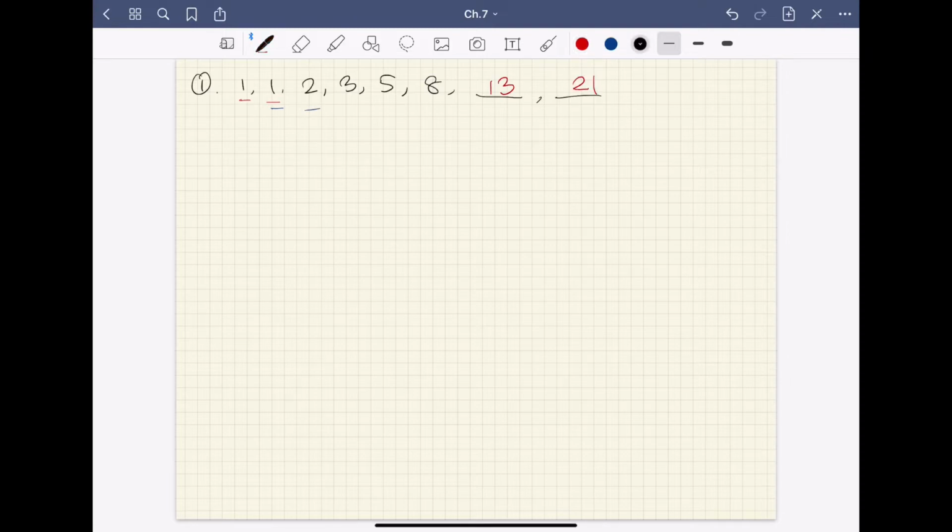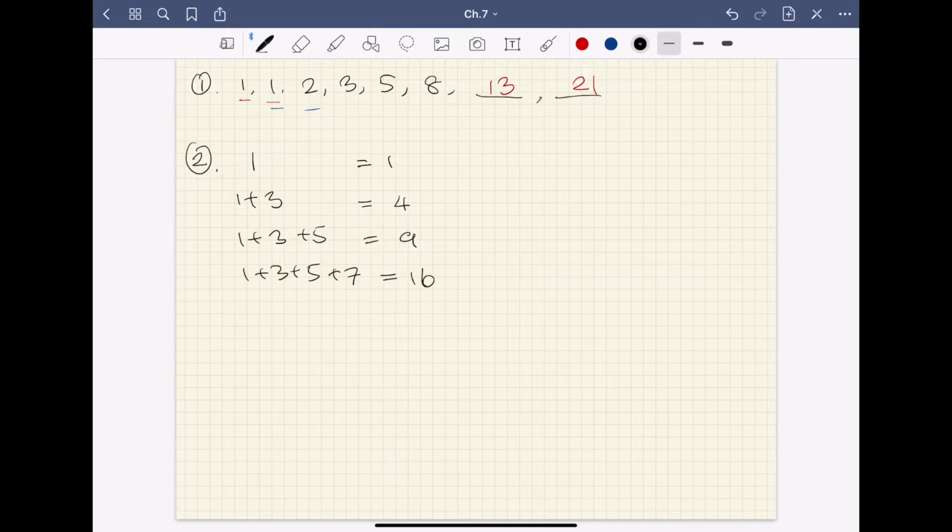Okay, let's try another one. The first term is 1, the second term is 1 plus 3, the third term is 1 plus 3 plus 5, and then 1 plus 3 plus 5 plus 7. 1 is just 1, 1 plus 3 is 4, 1 plus 3 plus 5 is 9, and then this is 16.